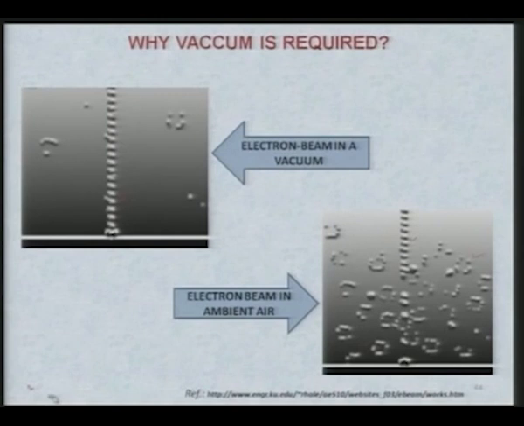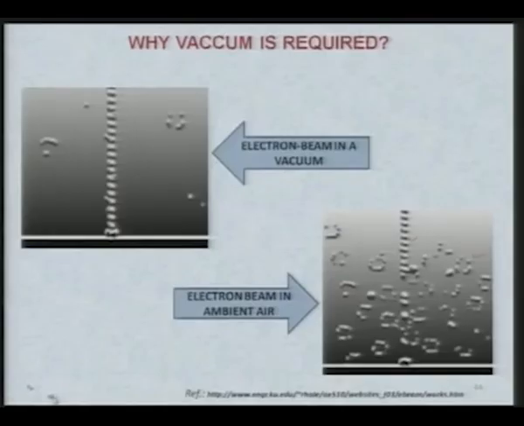Although there are some configurations, some systems of electron beam machining where high vacuum is not created, and they are able to machine, at that time they need very high energy for the electron beam to overcome the scattering to some extent due to the collision with the molecules of the air.